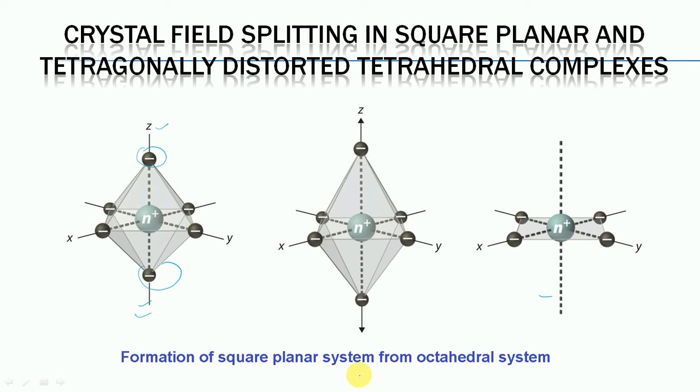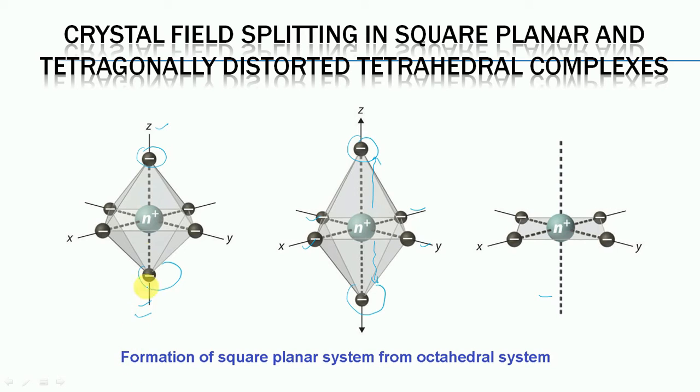We get a situation when two trans ligands are not completely removed but are at a larger distance from the central metal ion as compared to the four ligands on the xy plane, and such a structure is called a tetragonally distorted octahedron.